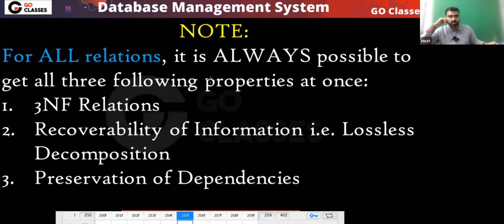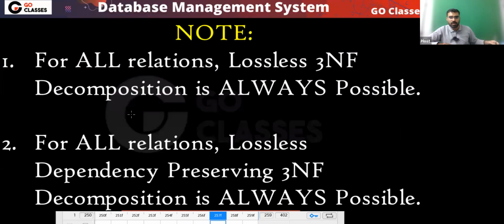Is this statement true? For all relations, is it always possible to get the following three properties? Recoverability of information means lossless. Okay, this is true. What about this statement? For all relations, lossless 3NF is always possible.